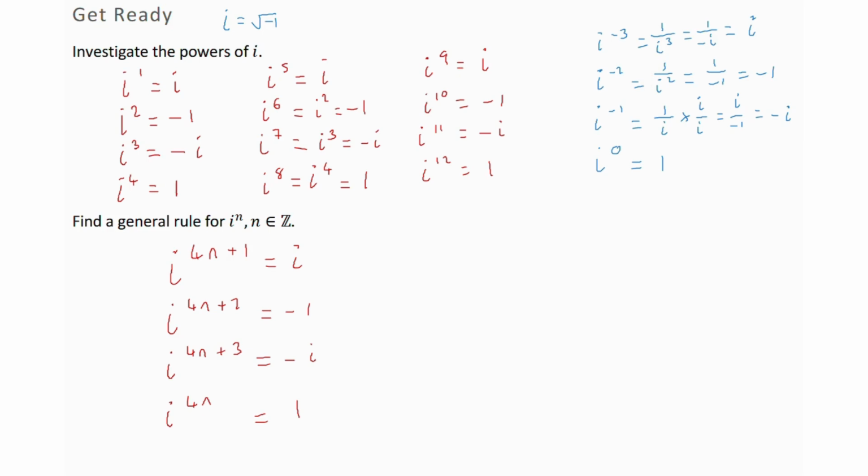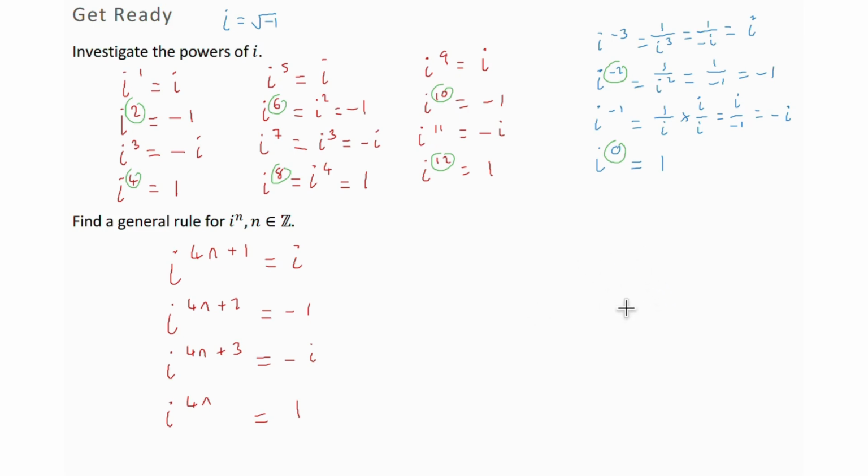What we do notice is that when the power is even, we're going to get a real answer. And when the power is odd, we're going to get an i, an imaginary answer.